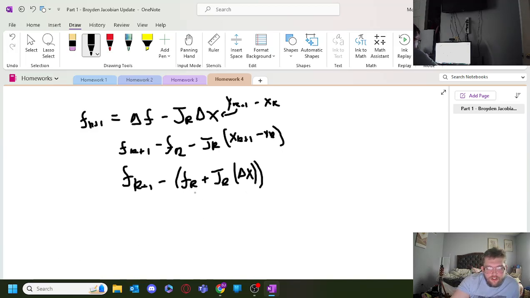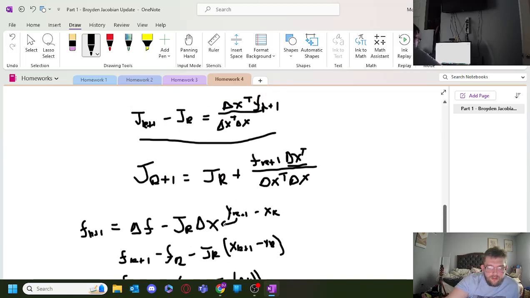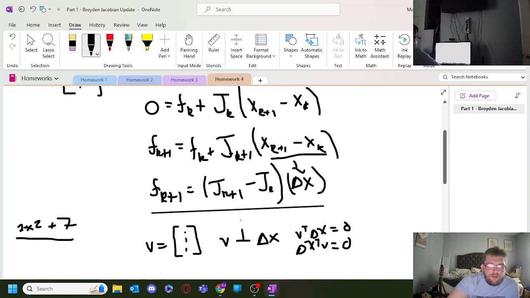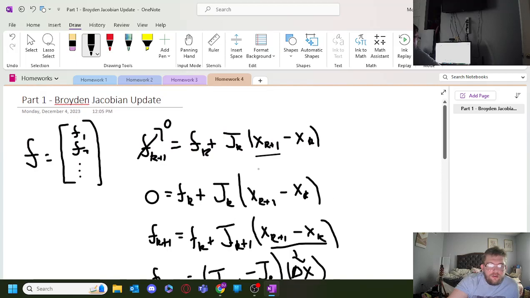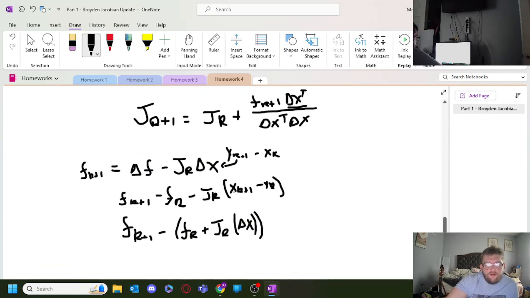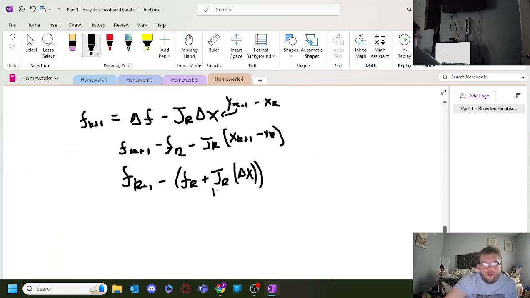Now you may see this term here and be like, wait, this looks familiar. That's because if we go back up a little bit, it's this term here. F sub k plus 1 equals f sub k plus Jacobian sub k times the change in x. So what you can do is replace that with f sub k plus 1.